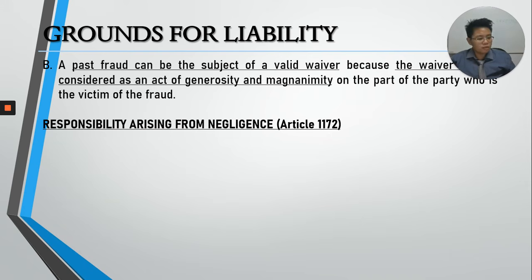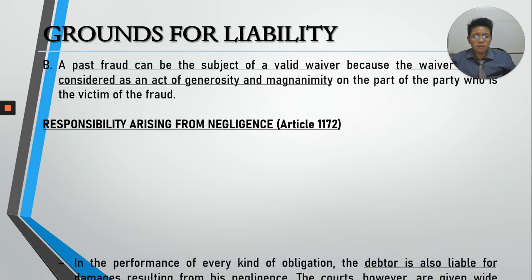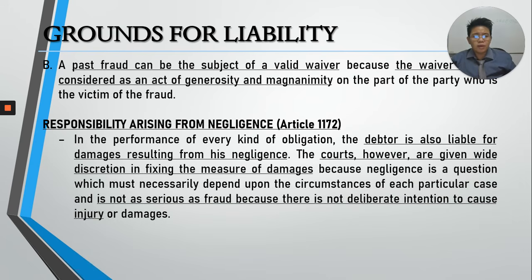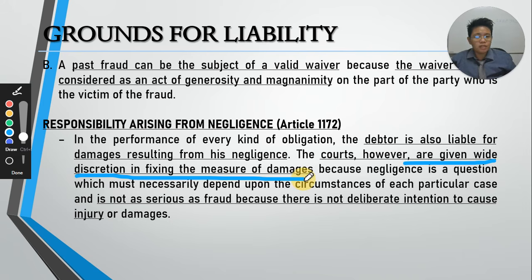So, what else? 1172 naman is responsibility arising from negligence. So, kung ang fraud, hindi pwedeng i-reduce ng courts ang liability, remember, in case of negligence, the courts are given wide discretion in fixing the measure for damages.